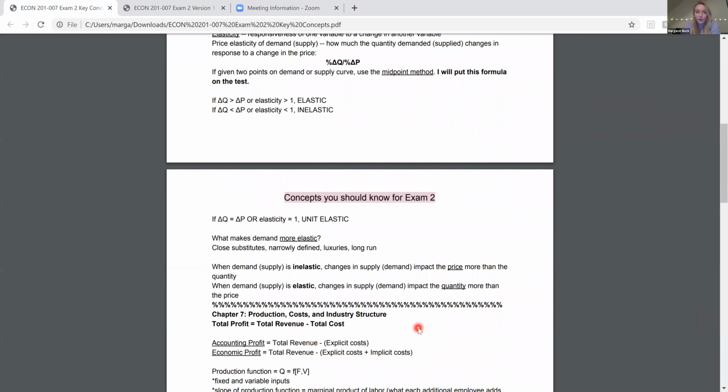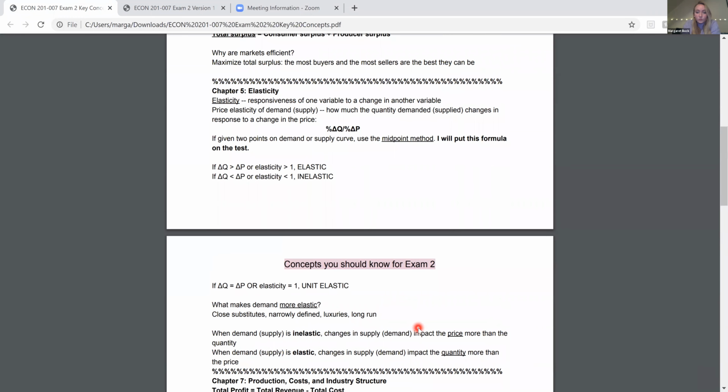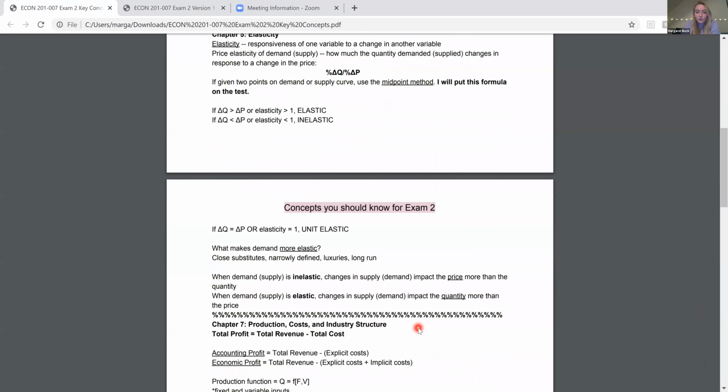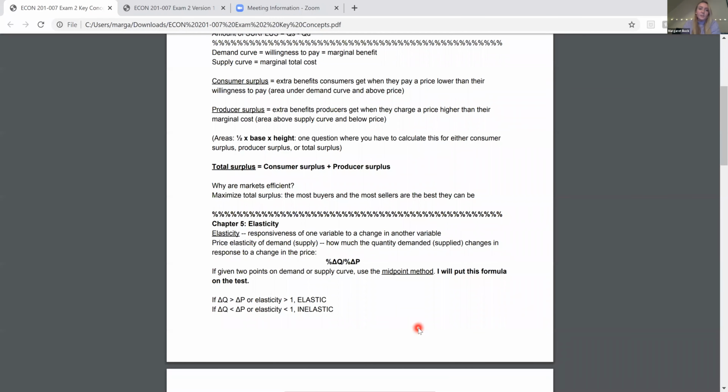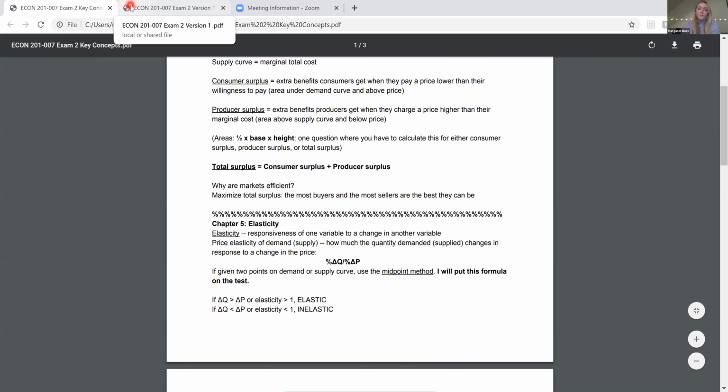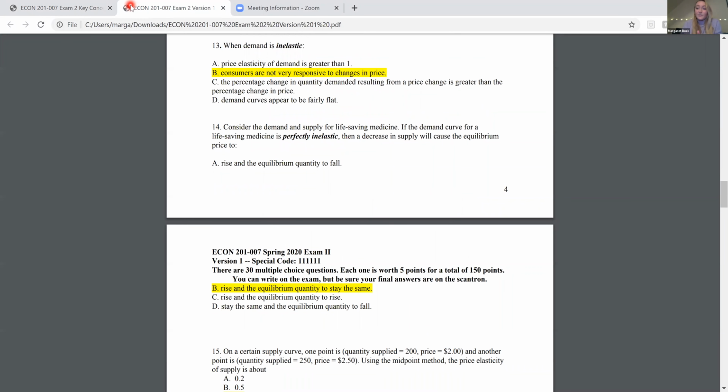Well, I think I have... Maybe I don't have it exactly here, which is weird. Anyway, so if a demand curve is perfectly inelastic, that means no matter what the price is on the vertical axis, the quantity that someone is going to be demanding doesn't really change, which kind of goes back to the definition of inelastic.